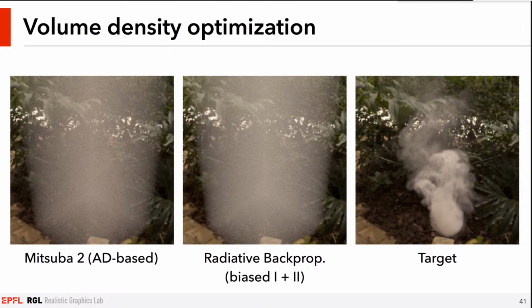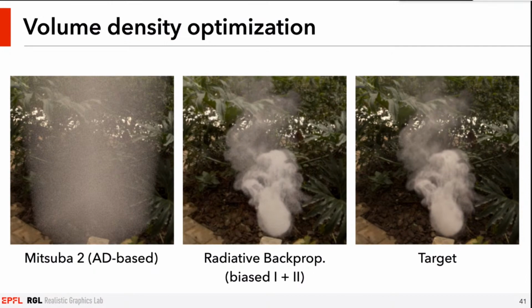Now, in the middle, you have this new algorithm that's based on directly propagating derivative energy through the scene. And on the left, you have a more traditional algorithm that's based on doing a simulation, recording everything, and then just running automatic differentiation on top of that. And so the middle algorithm converges very quickly.